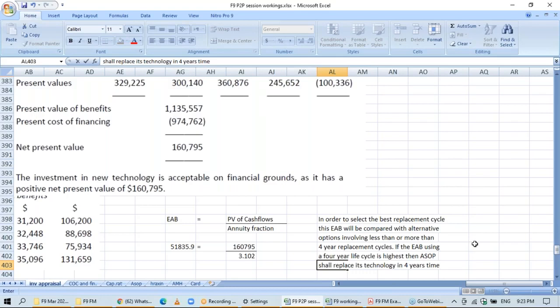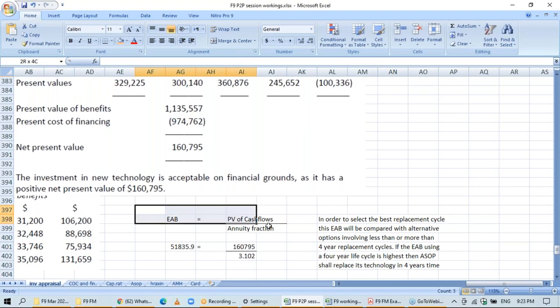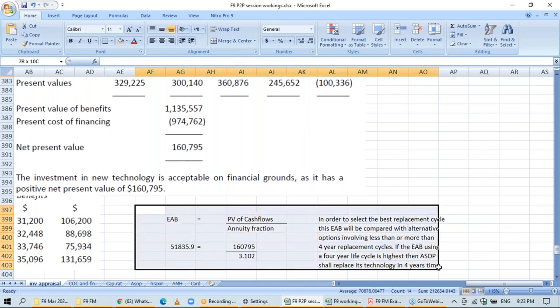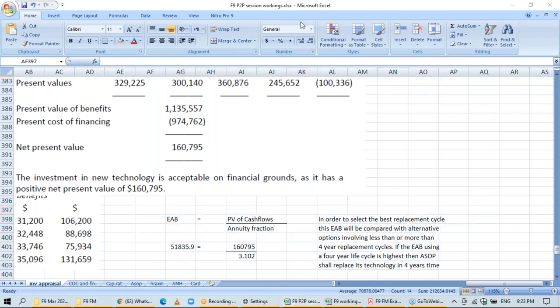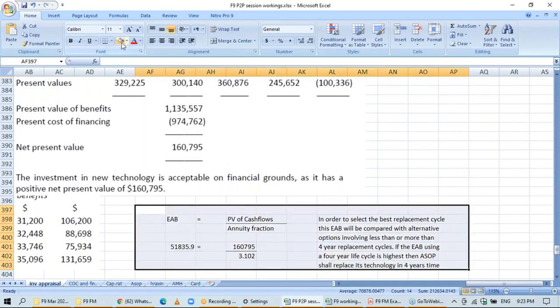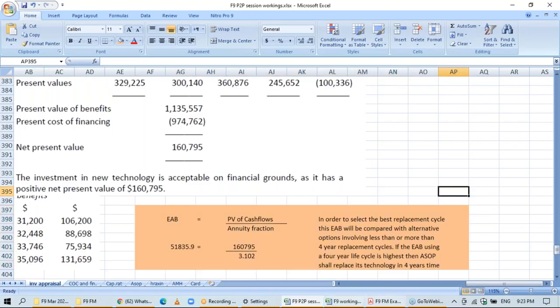So this will be the discussion on this last part. As per the question, they were asking for the discussion and the calculation as well. So I've done both over here, right?